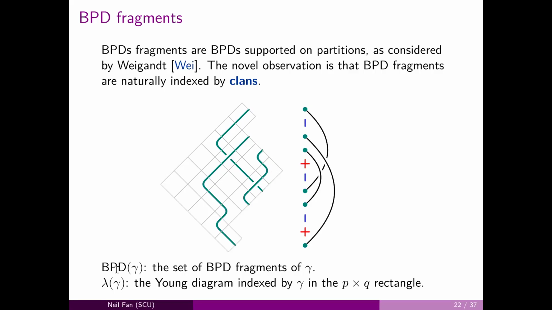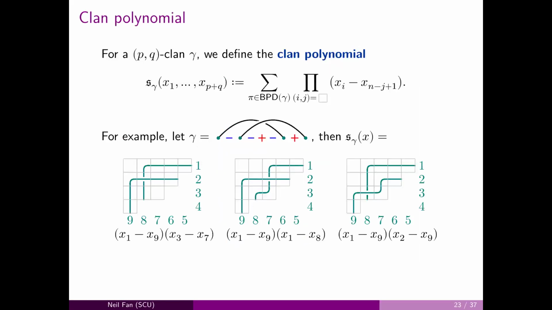So we use BPD of gamma to denote the set of Bumpless pipe dream fragments of gamma, and let lambda gamma be the Young diagram indexed by gamma in the p cross q rectangle. This is a Bumpless pipe dream fragment. Like Schubert polynomials, we define clan polynomials as the weighted sum of all the Bumpless pipe dream fragments.